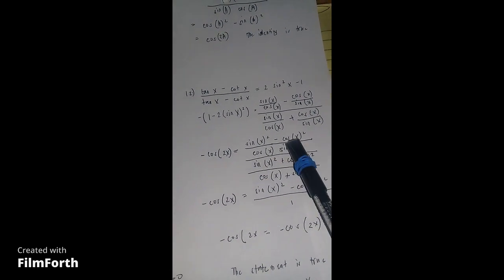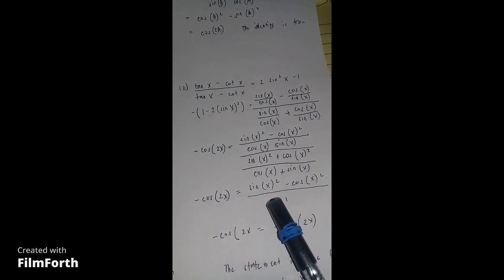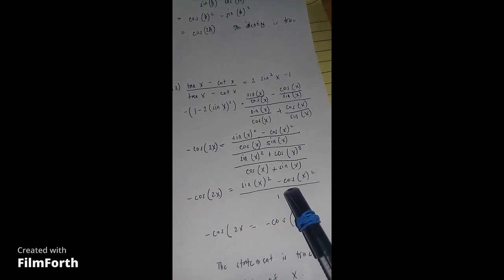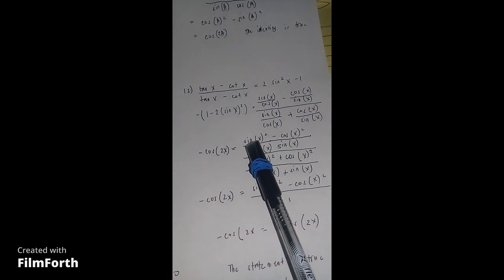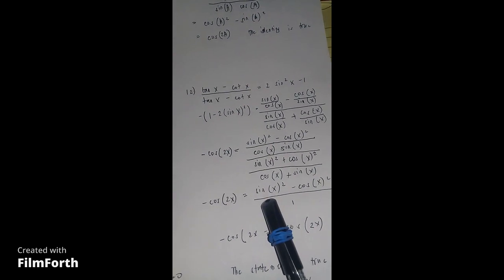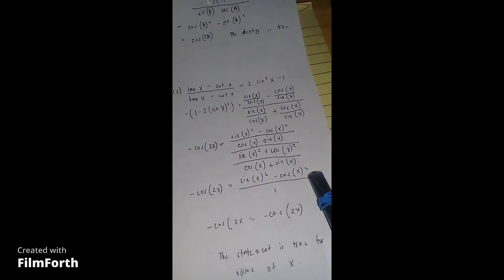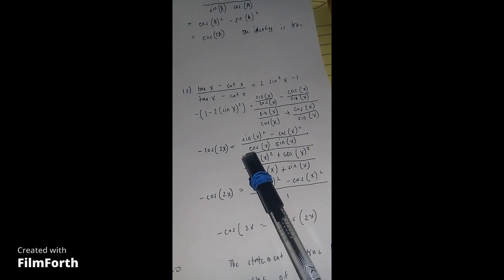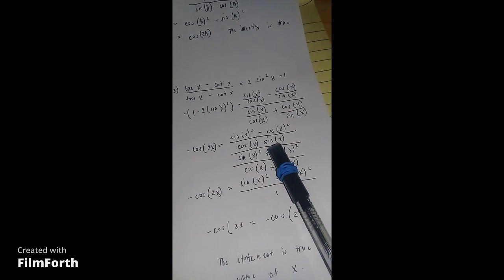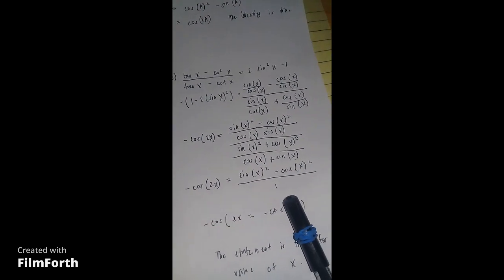So copy the sine x squared minus cos x squared because it's all the same. The value of cos x squared plus sine x squared is 1.